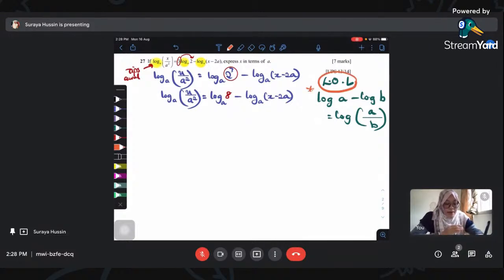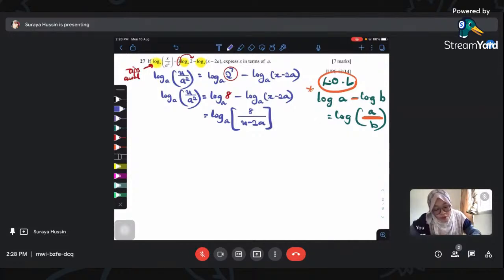Log A minus log B is equals to log in bracket A over B. Lognya hanya tinggal satu lah. So here, by this time, you must hafal already LOL ini. So please put the bracket, guys. There is no harm in put a bracket lah.